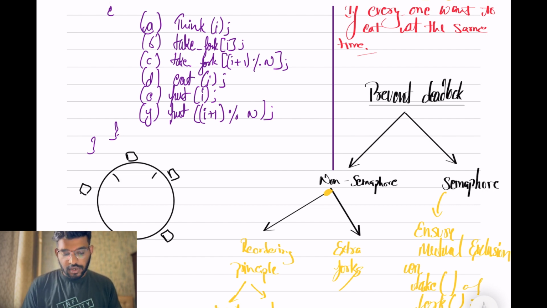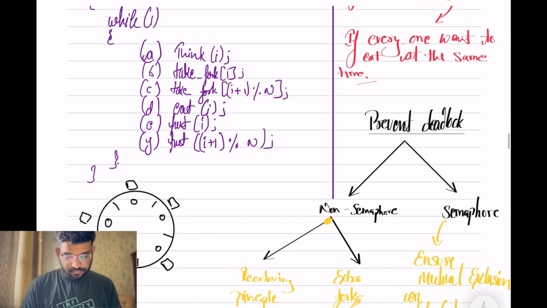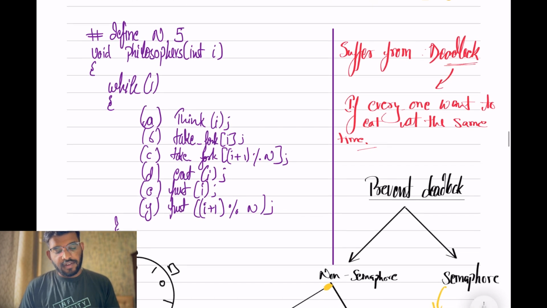Second is the dining philosophers problem. In the dining philosophers problem, there are five philosophers sitting at a circular table, and each philosopher has a fork on its left side. So on both sides there is a fork.